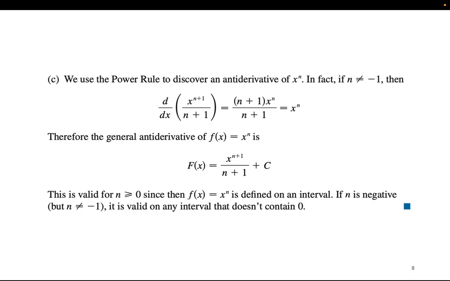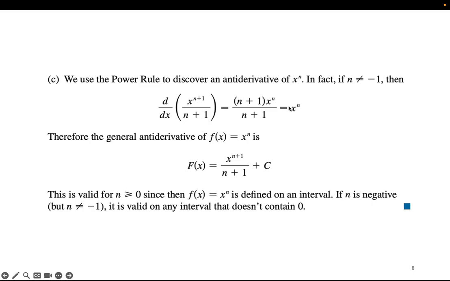The way we reverse that is to say that if I differentiate x to the n plus 1 over n plus 1, the n plus 1 comes down, cancels with this, and then after subtracting, you get x to the n.